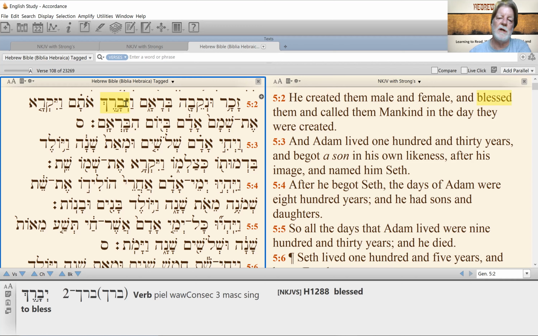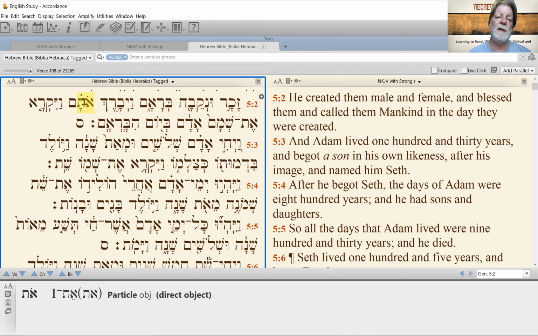And so God blessed otam, them. I mentioned before that this suffix added onto bara is just an abbreviated form of otam. So I guess we could have added just kametz mem to the end of barach and done the same thing. But here both words are spelled out.